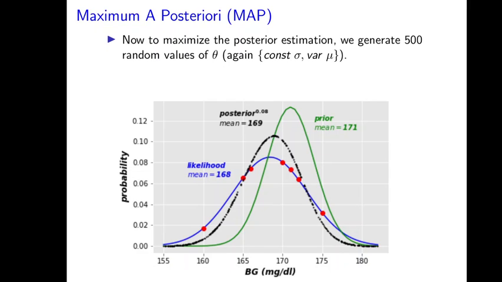And if the data is going to be infinite, then the posterior would be identical to the likelihood, no matter what the prior estimation is. So this is a very important fact to understand in the context of the difference between Bayesianism and frequentism data modeling approaches.